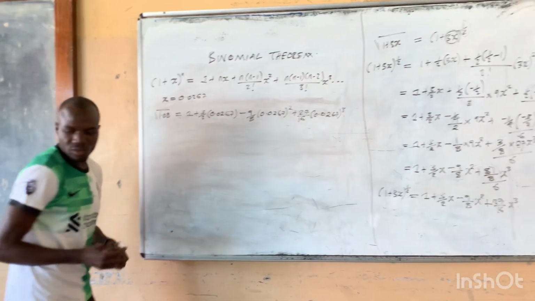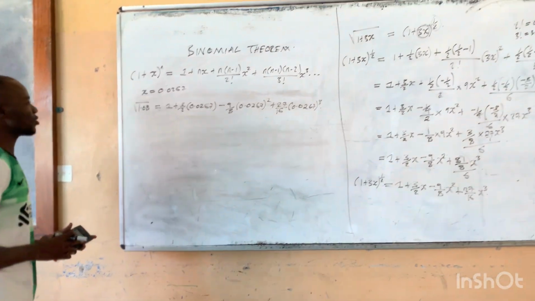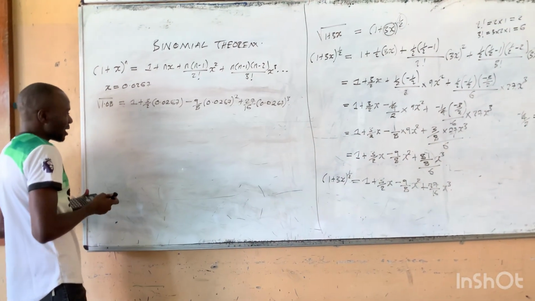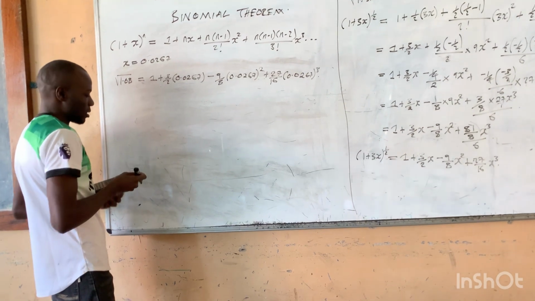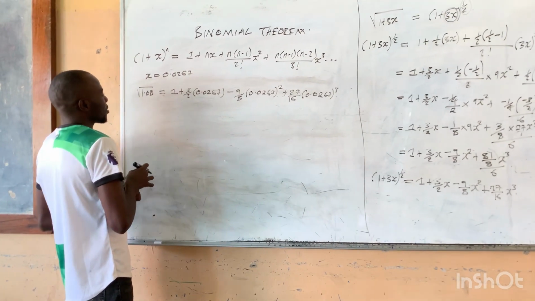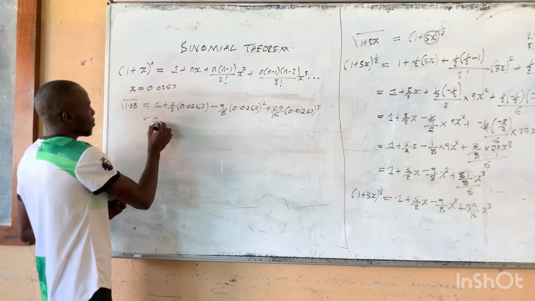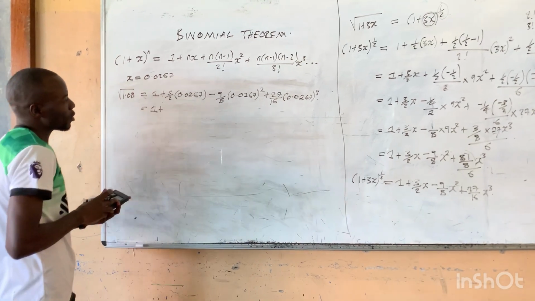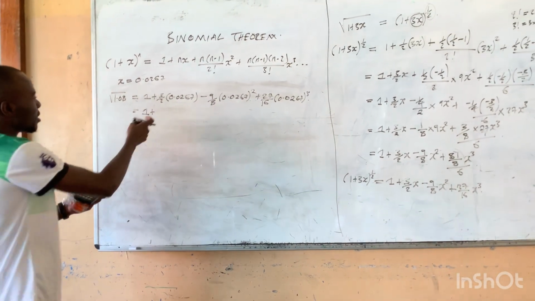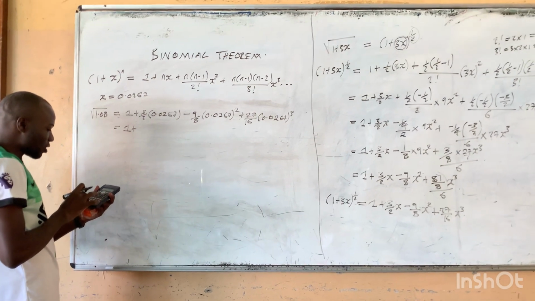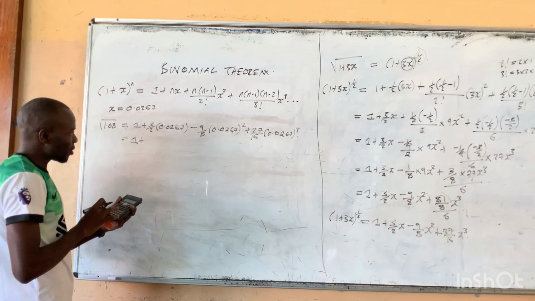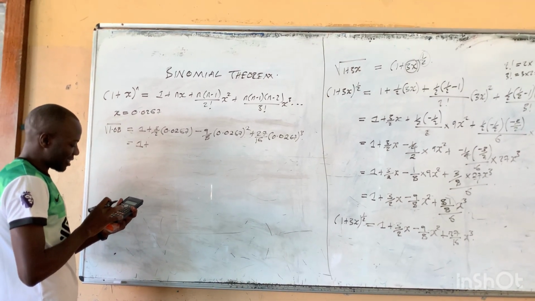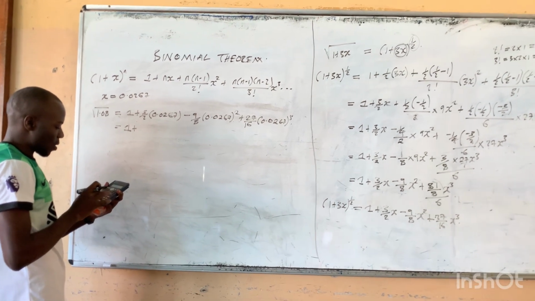So now let us start reducing. Let us start reducing here. So this is 1, plus, of course that is 1.5. So let us say this is 1.5. So 1.5 times 0.0267.